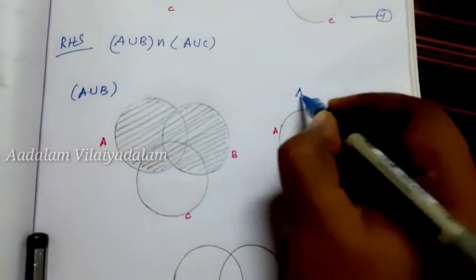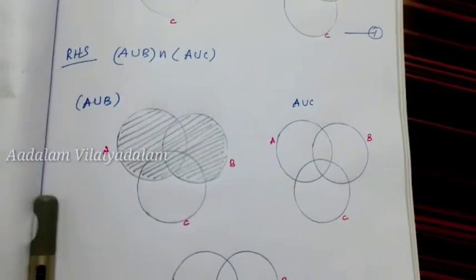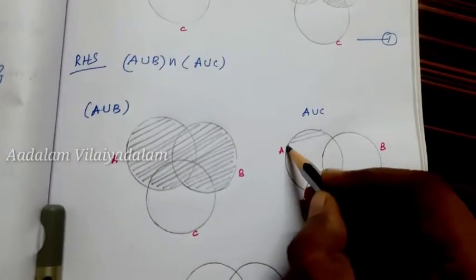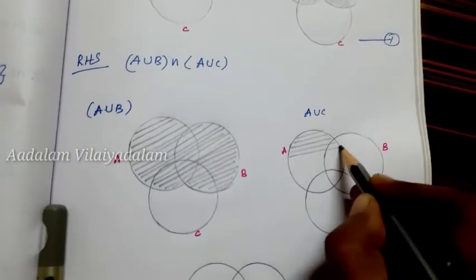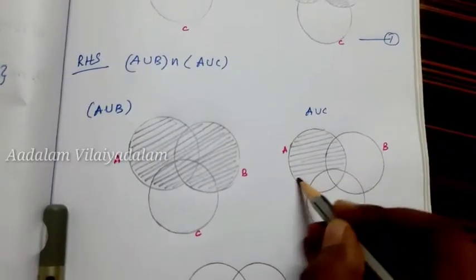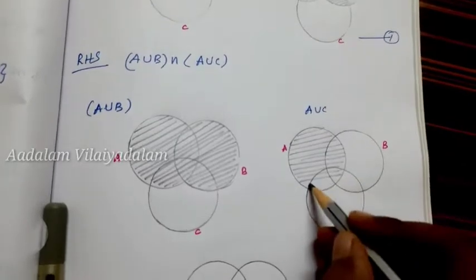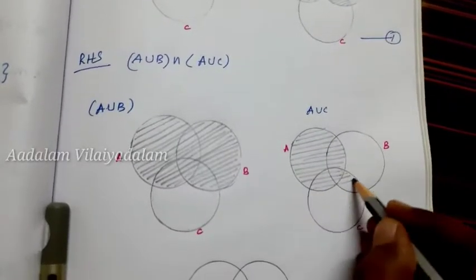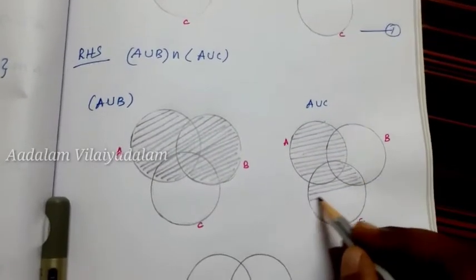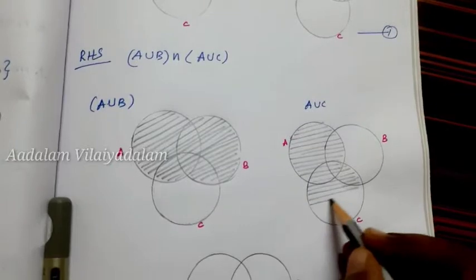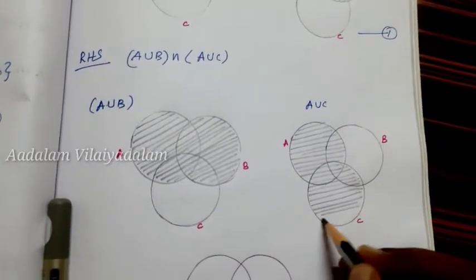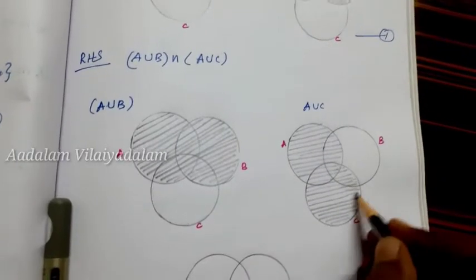That is A union C. So shade the area of A union C. Next, after shading this, we can find A union B intersection A union C. So use your scale and shade the area.